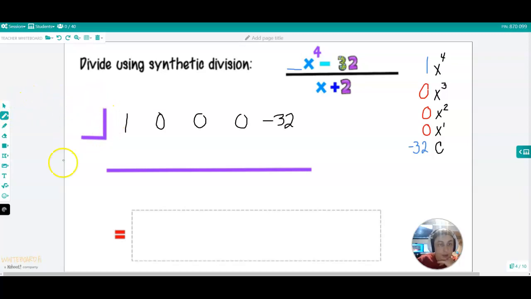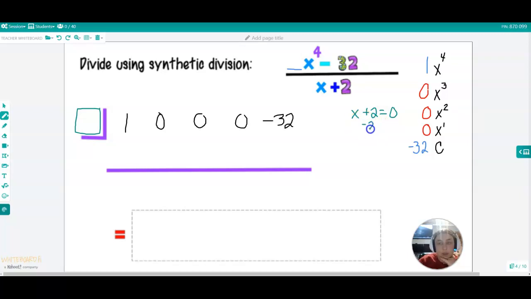This box here is our next stop. I need to figure out what goes in here. In order to do that, I'm going to take the divisor, x plus 2, and I'm going to set it equal to 0. Anytime, take your divisor, set it equal to 0, solve for x.